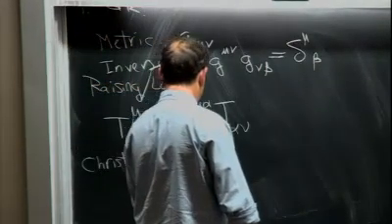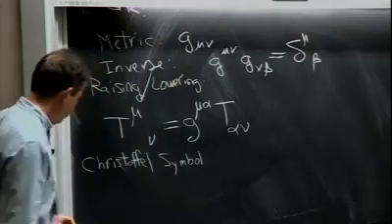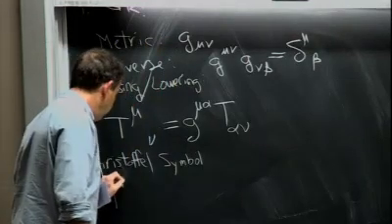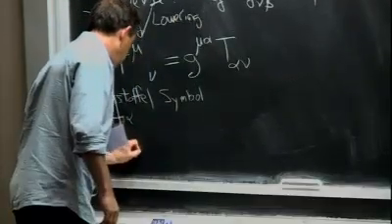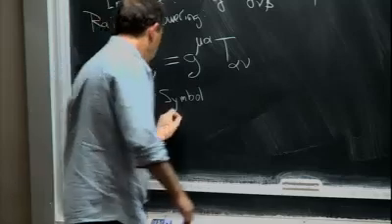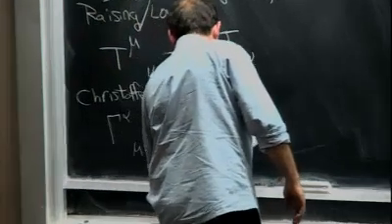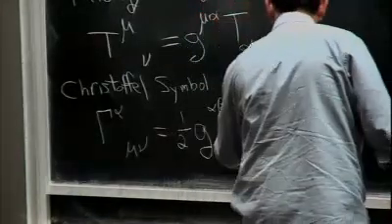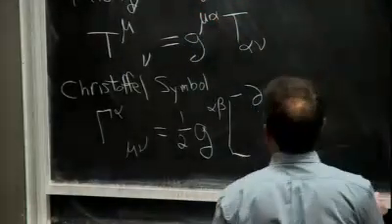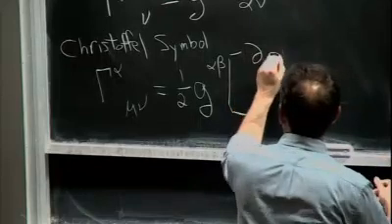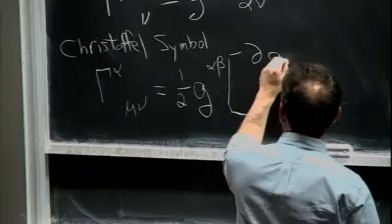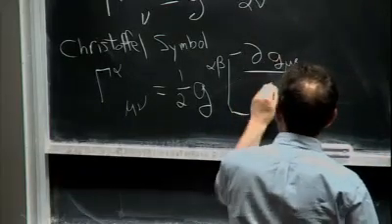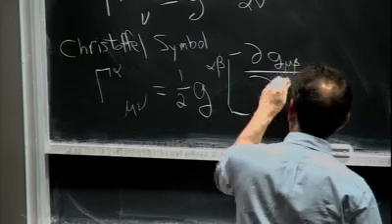Similarly, any kind of space has a Christoffel symbol associated with it. In terms of the metric, that Christoffel symbol can be written as follows: 1/2 times the inverse metric g^{alpha beta} times the derivative of the metric g_{mu beta} with respect to x^nu.